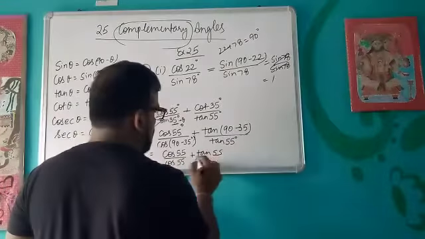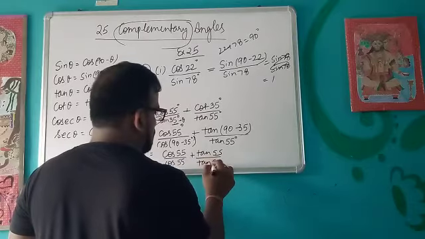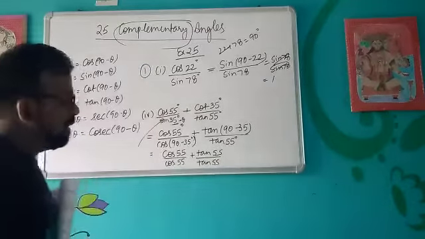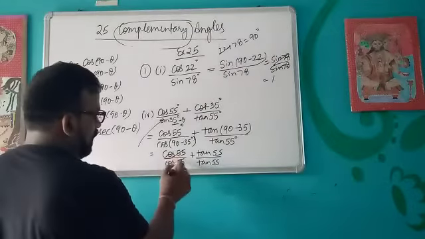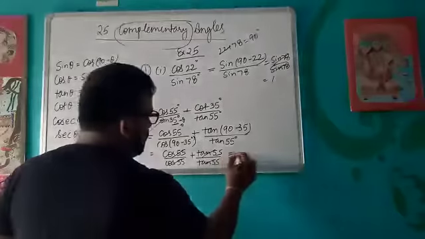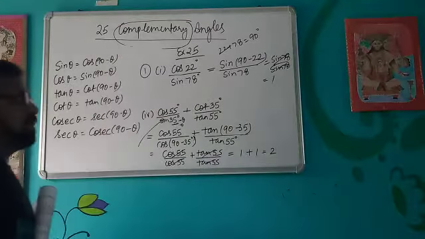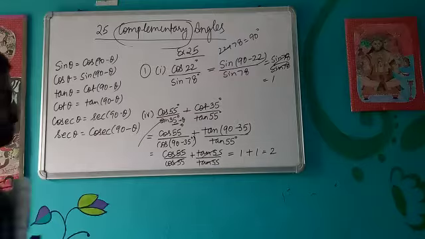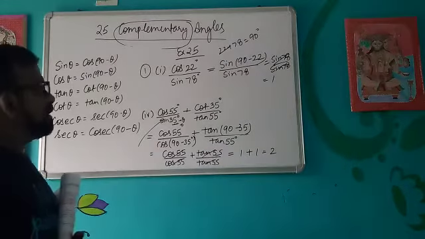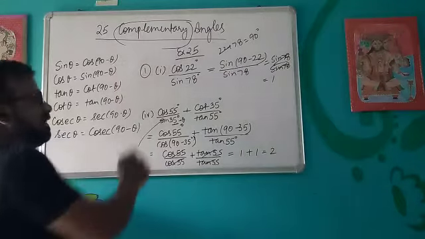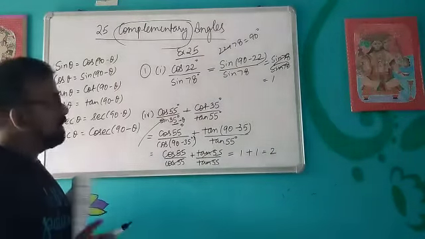Okay, so this you will get. Now it will cancel, it will cancel. Your answer will be 1 plus 1, that is 2. Okay, so this is how you can use the concept of complementary angles in order to solve the questions.